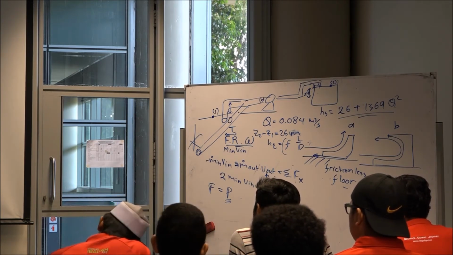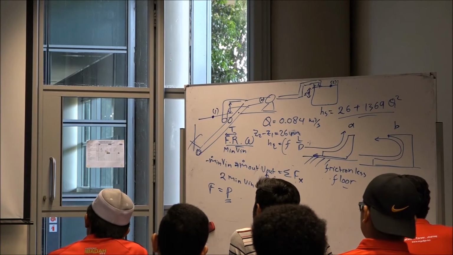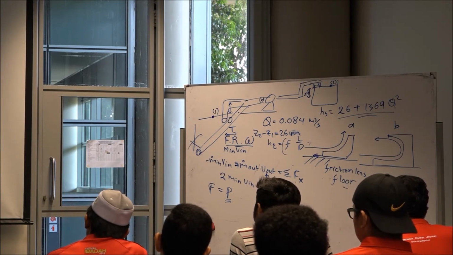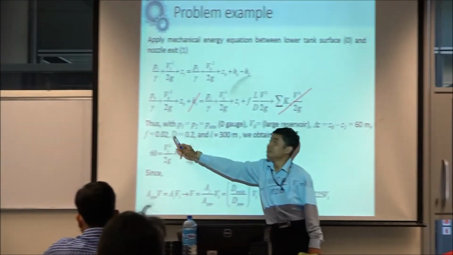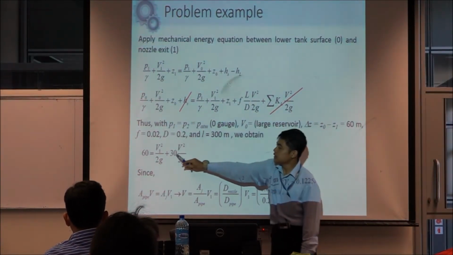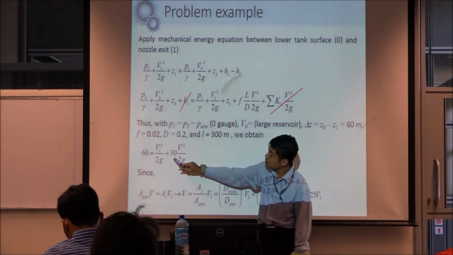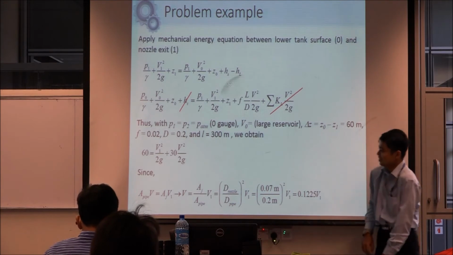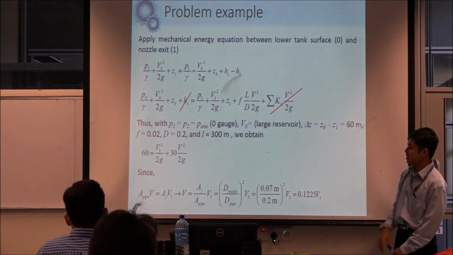You have to read your questions. This comes from fL over D. See, KL I cancel. So this one comes from here. 30. Not meters, just 30. That was 60 meters. That was 30.